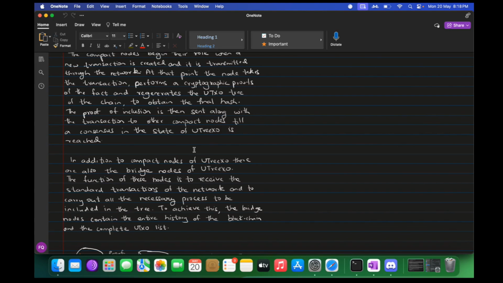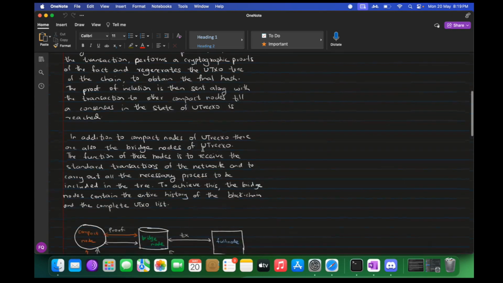Currently, what happens in the P2P network is that when a node sees a transaction, it validates the transaction and sends it further to other peers in the network. Compact nodes will see the transaction, validate it, create a cryptographic proof of inclusion, update their Merkle root, and then forward not only the transaction but also the cryptographic proof of inclusion that this transaction has been included in the UTXO set.